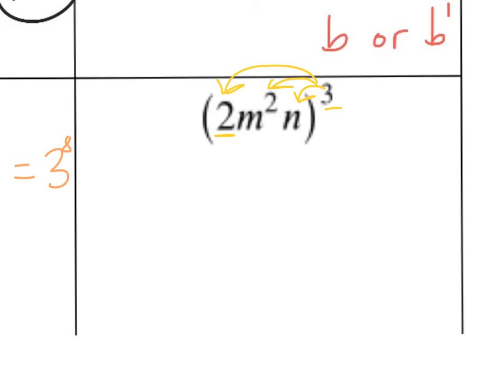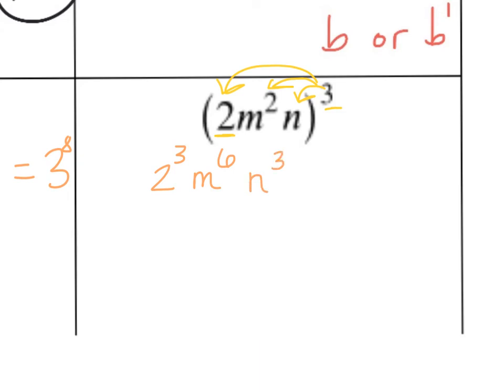Okay, so this would be 2 to the 3rd power, and then m to the second to the third, so we keep the base and multiply the exponents, and then n to the third power.